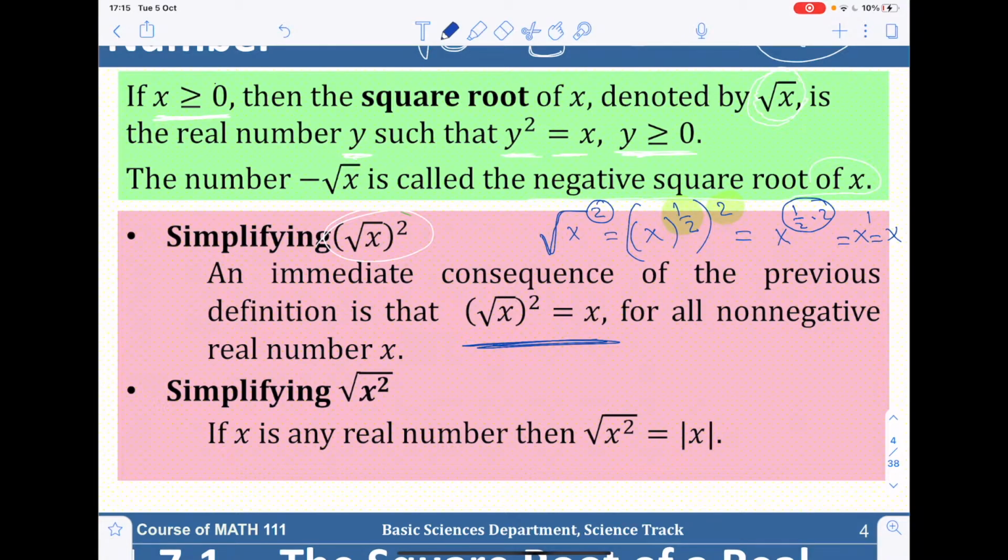Okay, so in general, this holds if it is a non-negative number, but if it's any real number, we have to put it under the absolute value to guarantee that the value for the square root is positive, because it should be positive. So to guarantee that, we should put x under the absolute value.